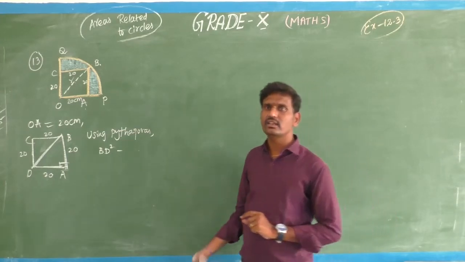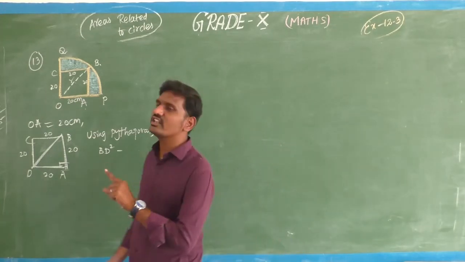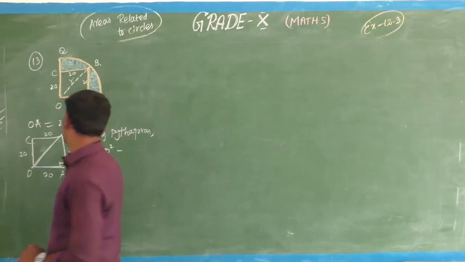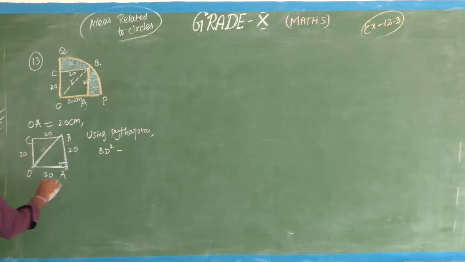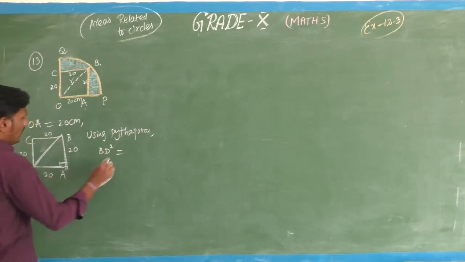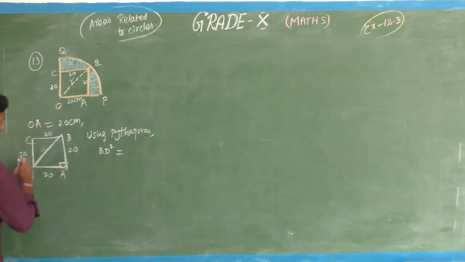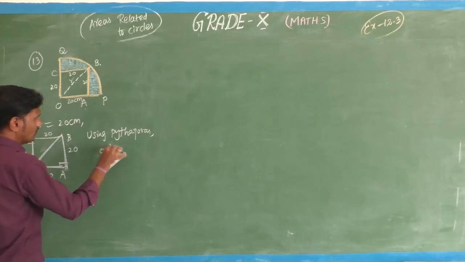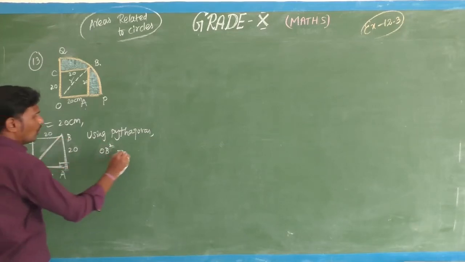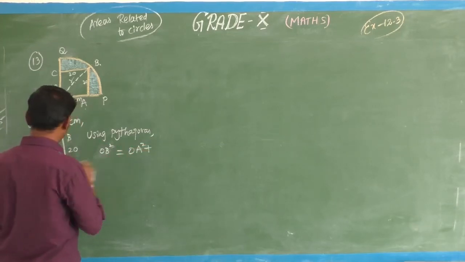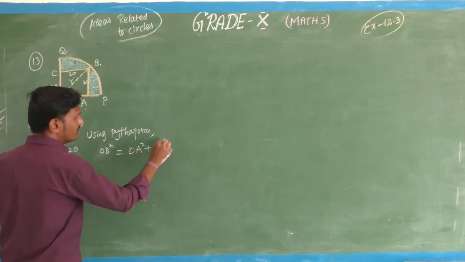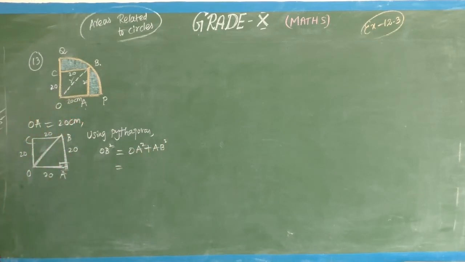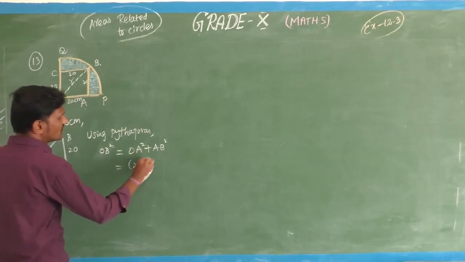We have one theorem in the 4 mark question from chapter 6, so we will see later. And you have this Pythagoras theorem in your 9th syllabus also. Based on that, OB square is equal to OA square plus AB square. OB we don't know, that is the diagonal of the square, and OA and AB are both 20.